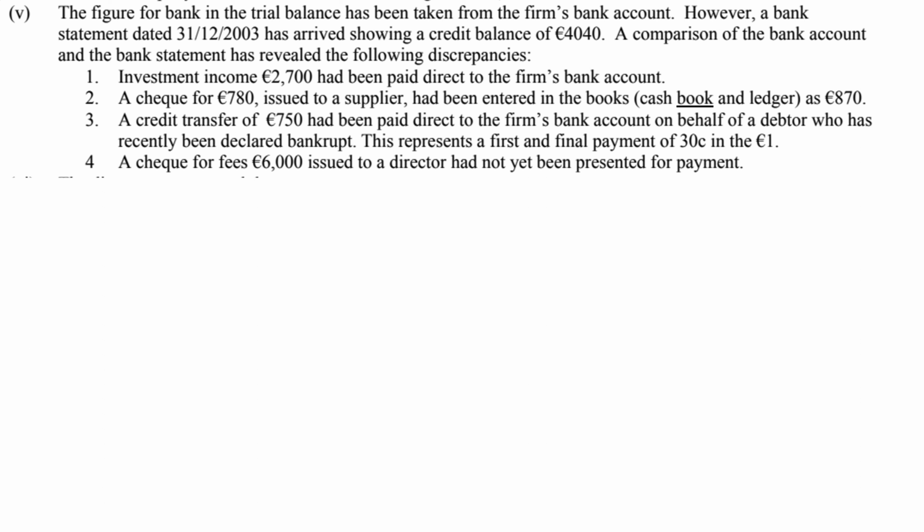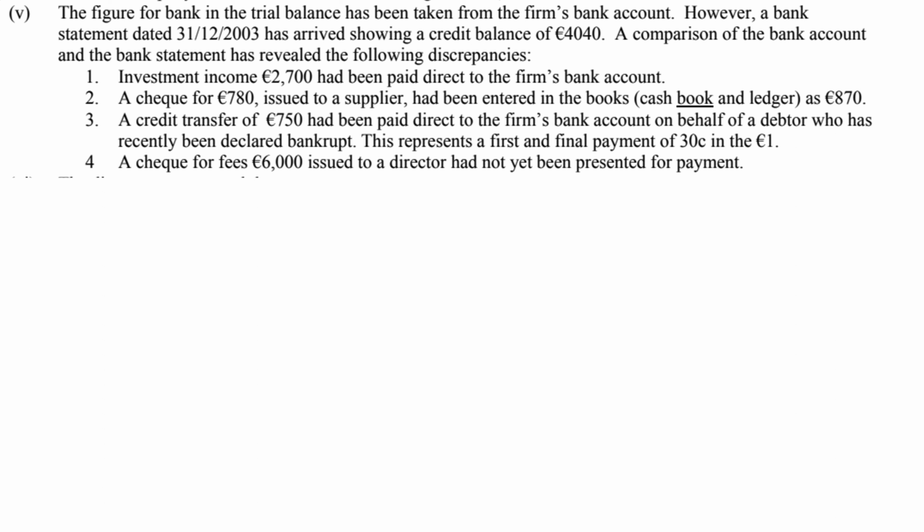So a comparison of the bank account and the bank statement has revealed the following discrepancies. Number 1, investment income 2,700 had been paid direct to the firm's bank account. Number 2, a cheque for €780 issued to a supplier had been entered in the books, cash book and ledger as €870.